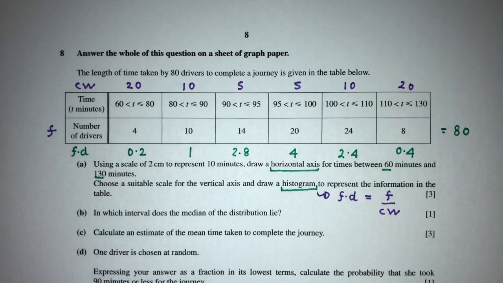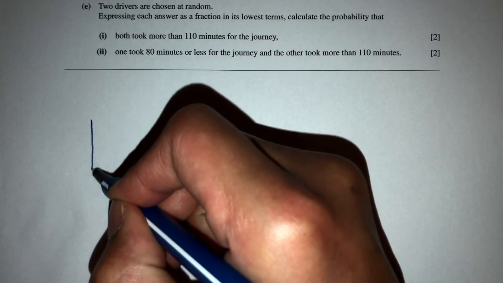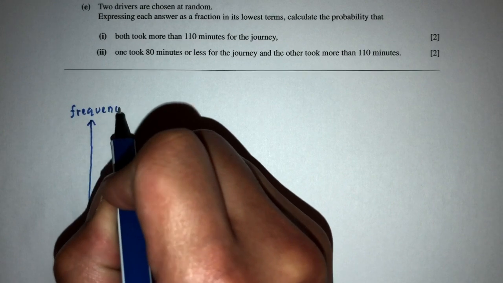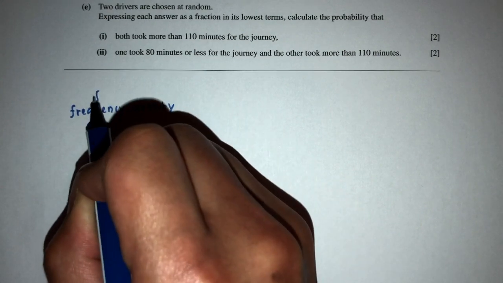Now, I can try to sketch one for you if you want, for the histogram, to show the shape of how it is supposed to look. So let's do that. You will have a vertical axis. This will be called the frequency density, or you can call it FD if you want to.